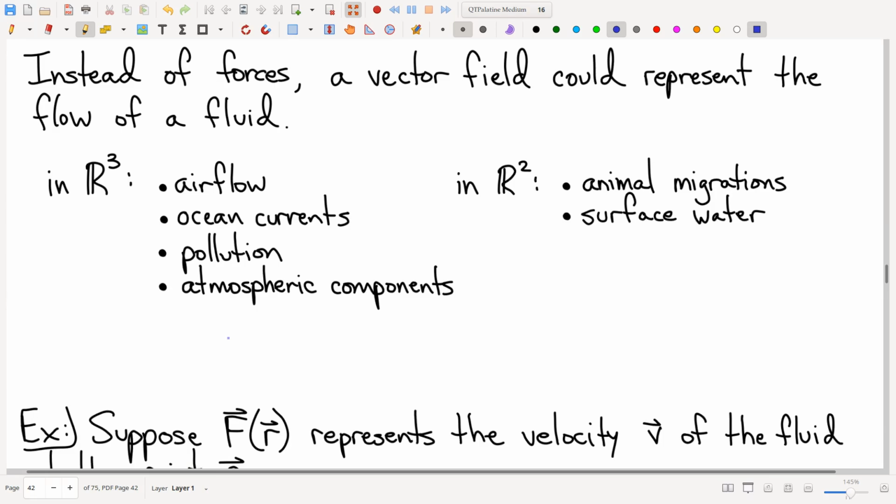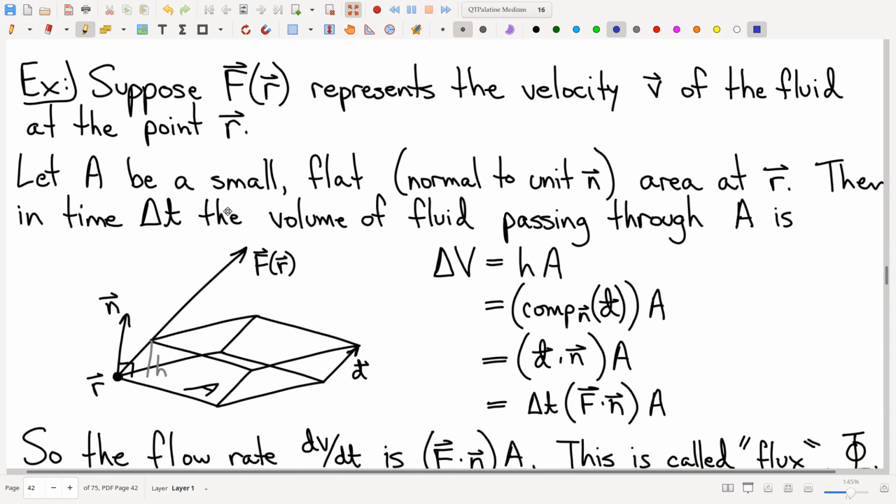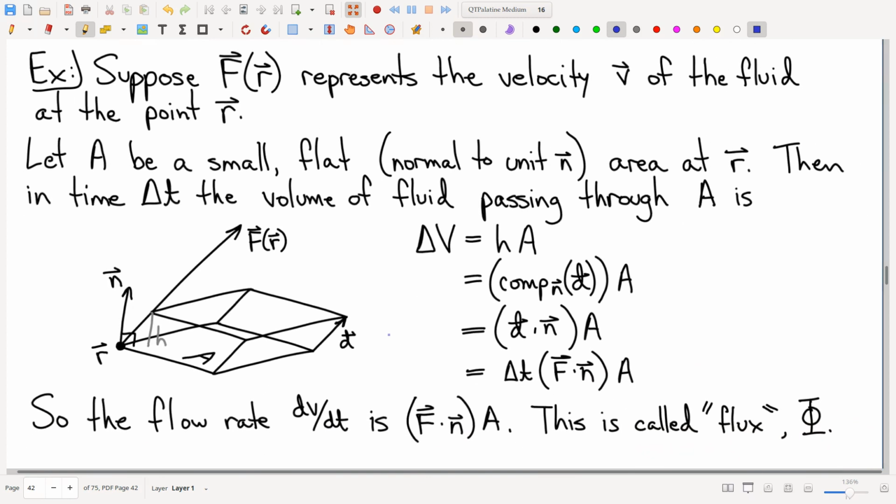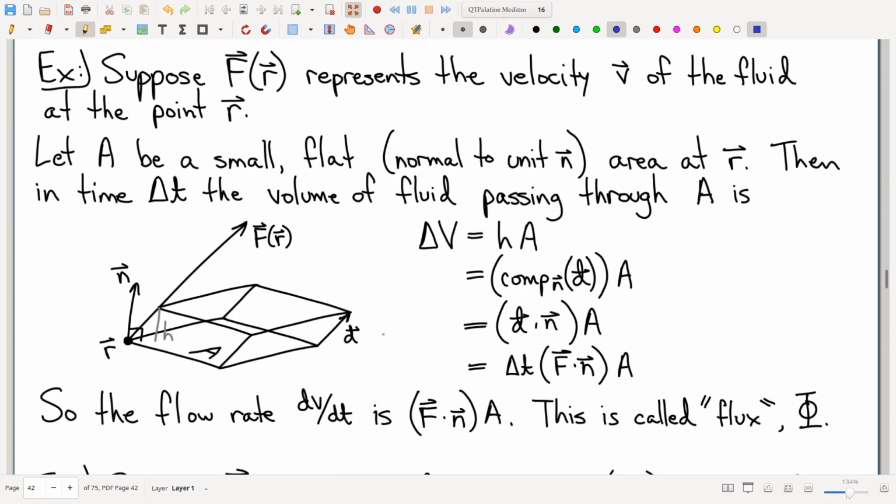Okay, so let's talk about what you can do with a vector field representing a fluid, and this is my favorite first example. It motivates a really important construction we'll get to in a minute. Suppose we have a vector field representing a fluid, and to be explicit, how we let a vector field represent a fluid is the field vector is the velocity of the fluid.